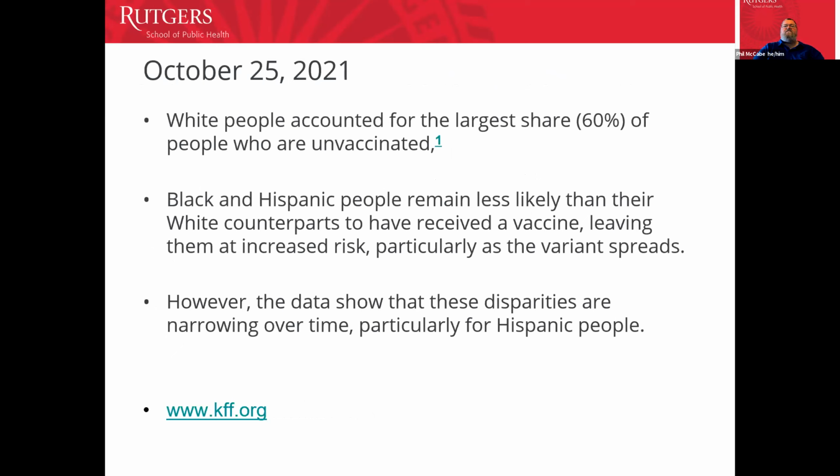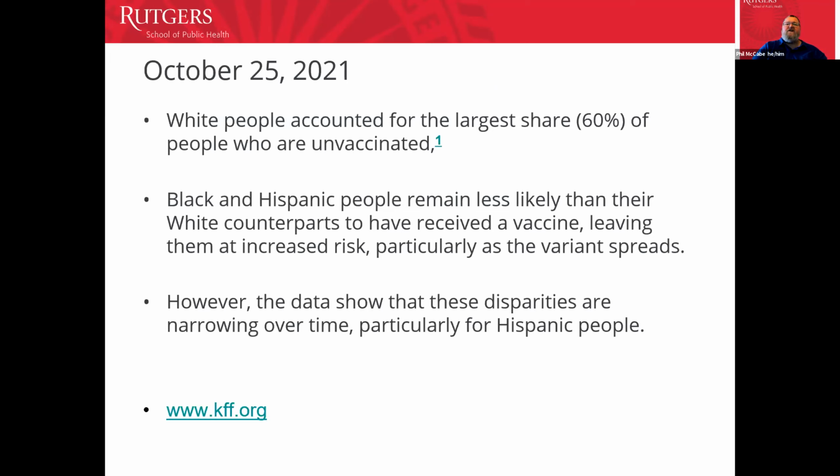I just want to give a little bit more emphasis to some of the information that the Kaiser Foundation identified in their more recent research. So white people account for the largest share, 60% of people who are unvaccinated. Black and Hispanic people remain less likely than their white counterparts to have received a vaccination, leaving them at an increased risk, particularly as the variation spreads.